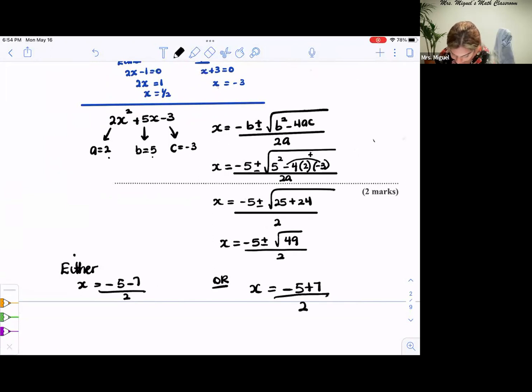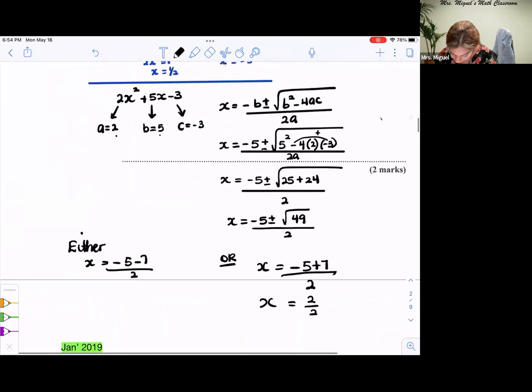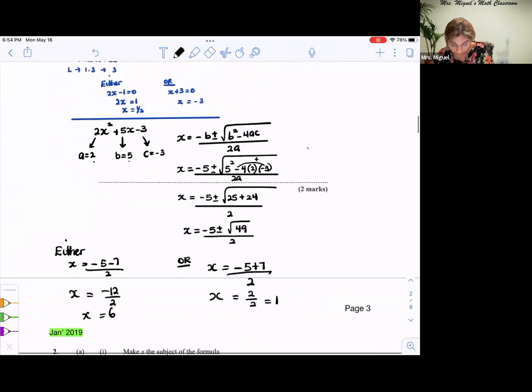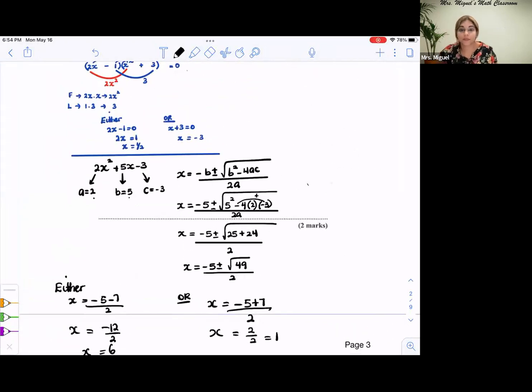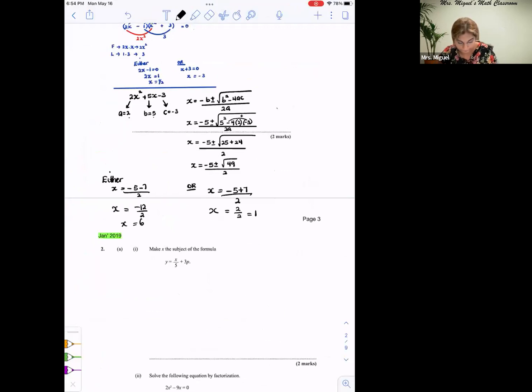So x is equal to 2 over 2, which is equal to 1, or x is equal to -12 over 2, x is equal to 6. Now I didn't get the same answer. So let's see what's going on in this question here.